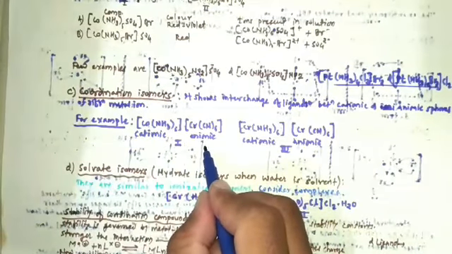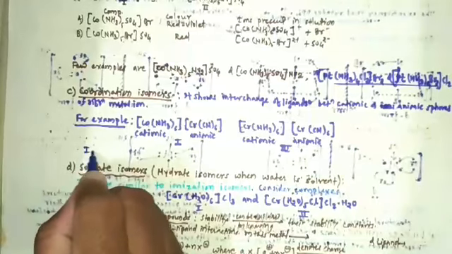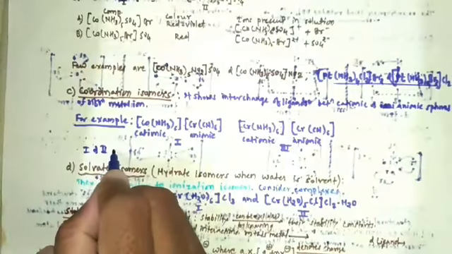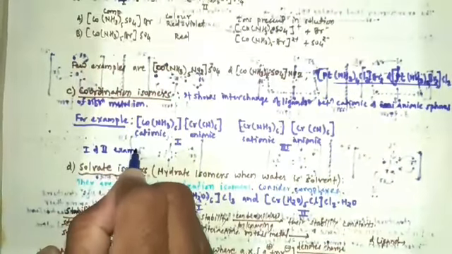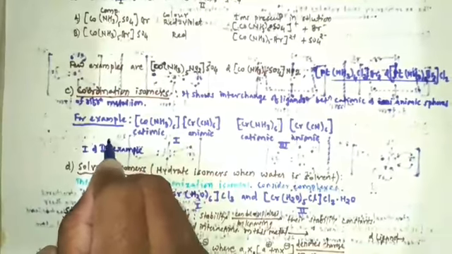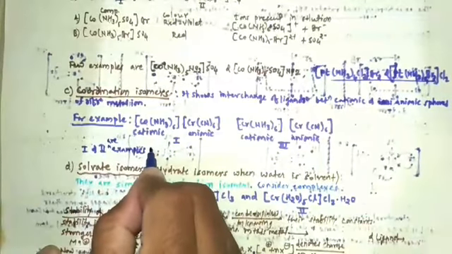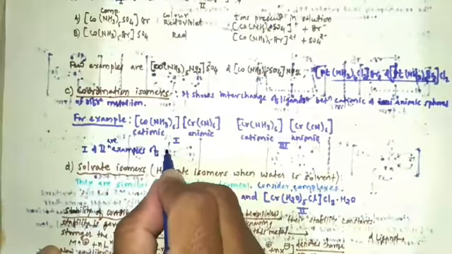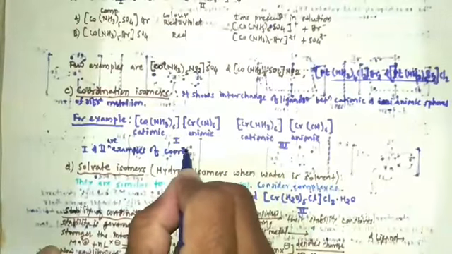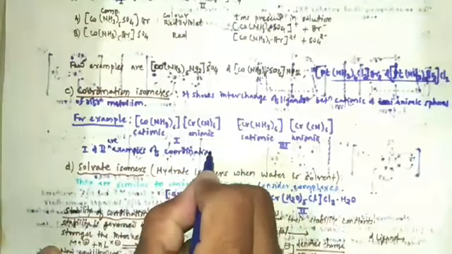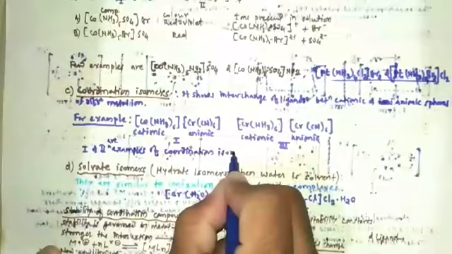First and second are examples of coordination isomers.